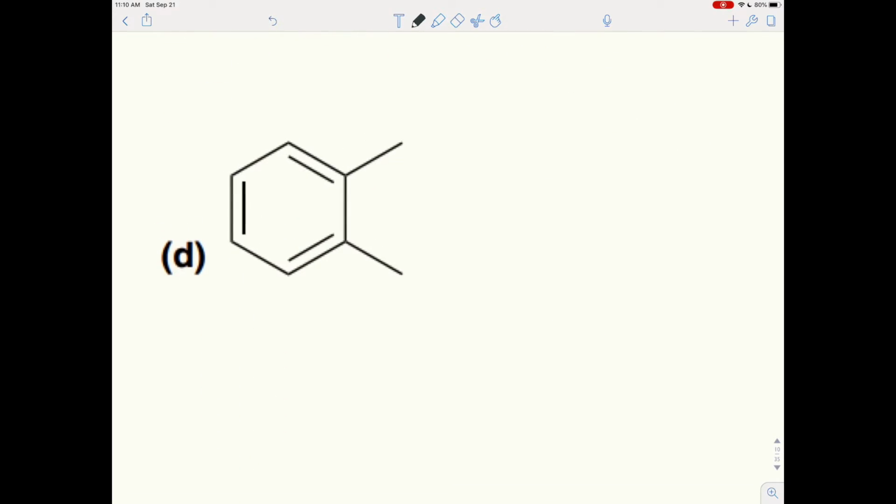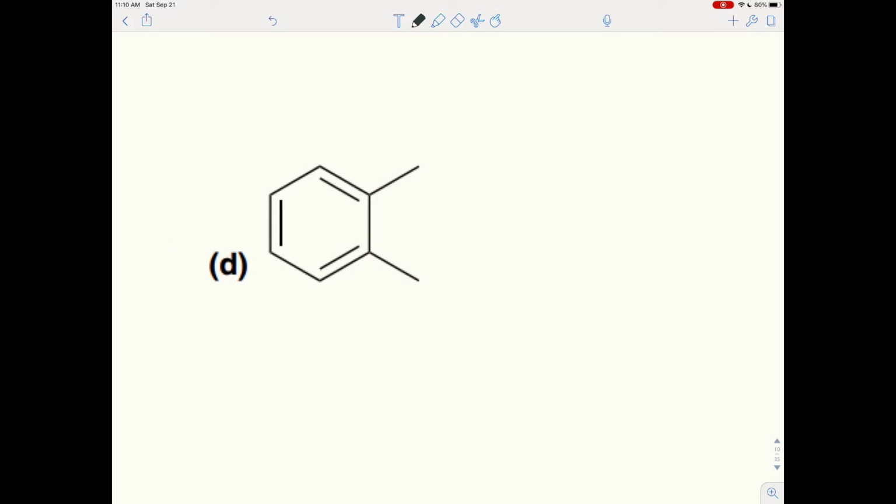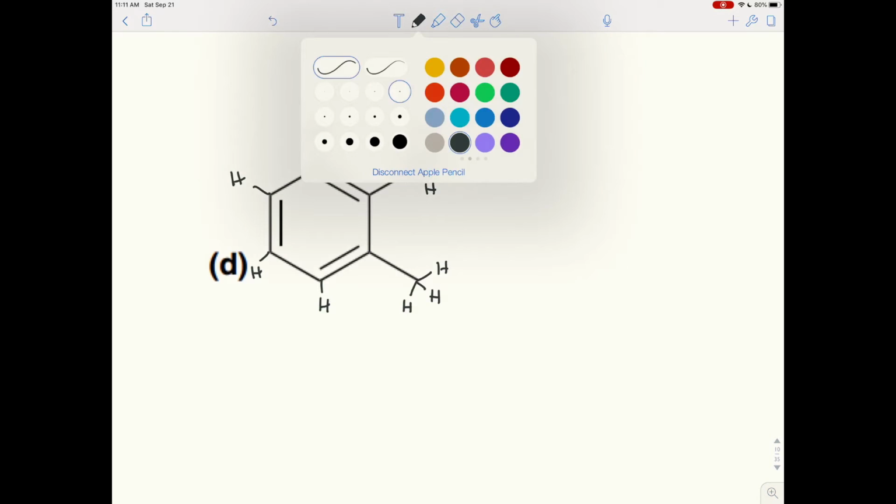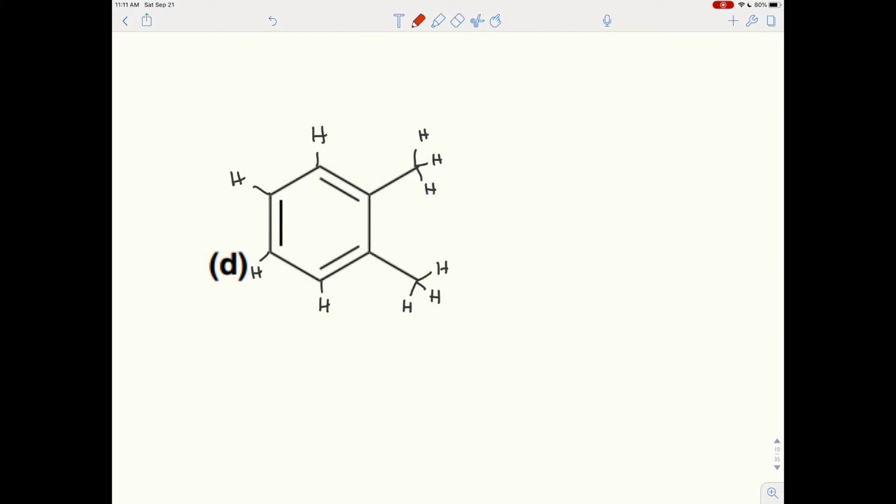Okay, let's try it with D. So first, draw in all the hydrogens. After we draw in the hydrogens, we're going to look for symmetry. So we have a line of symmetry in this molecule that goes left to right.